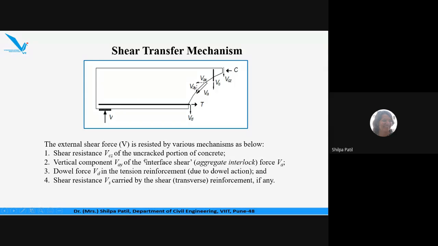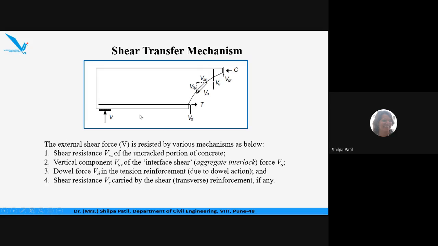The shear force is resisted by various mechanisms, and there are four different mechanisms considered. The first is the shear resistance shown by the concrete itself. Whatever the shear force acting on a beam, some component of that shear force will be resisted by the concrete.